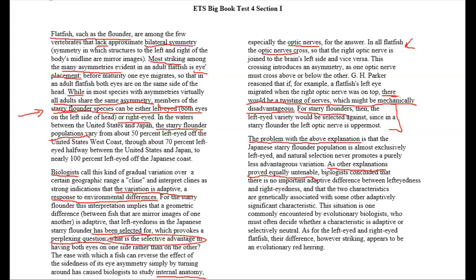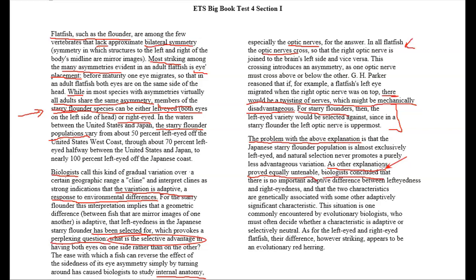Biologists concluded, okay? Now, again, this is a very important word for us here. Whenever there's a word like concluded or reasoned, it is very important for us to notice, because that is where usually the conclusion to something lies.